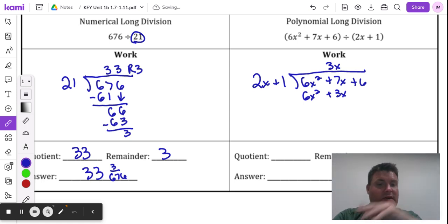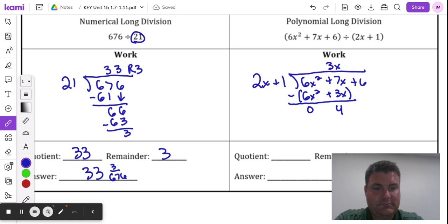Just like we did in the other one, we multiplied. Now we're going to subtract. Now be careful. I'm going to subtract everything, not just the first part. So I subtract the 6x squared. That's gone. That's 0. And I do 7x minus 3x. I'm going to get 4x. And I'm going to bring down this 6.